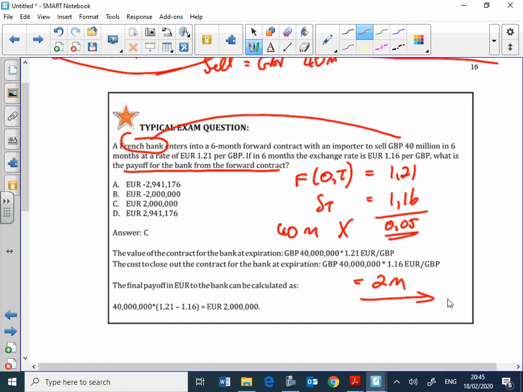Bank gained, importer lost. I'm looking at it, it's very clear. The question says, what is the payoff for the bank? I'm not looking at the importer. Why is it a gain for the bank? You're happy? And remember what I warned you guys. What is the bank's transaction? The bank entered into a 6-month forward to what? Here's only one word you needed here. To sell. They were going to sell at what price?